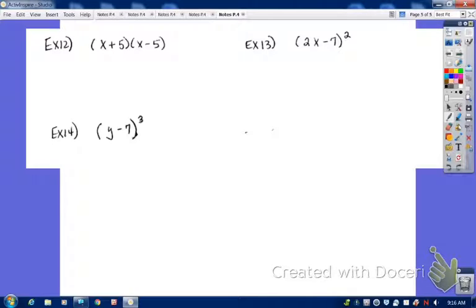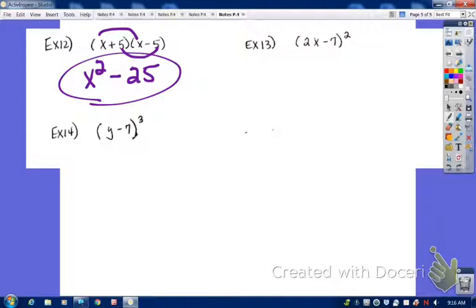So the shortcut is multiply the first 2 terms together, that gives you x squared, and multiply the last 2 terms together, that gives you negative 25. It's that easy. If you multiply those out the long way, what's going to happen to the 2 terms in the middle? They're going to cancel. So why multiply them if you know they're always going to cancel?